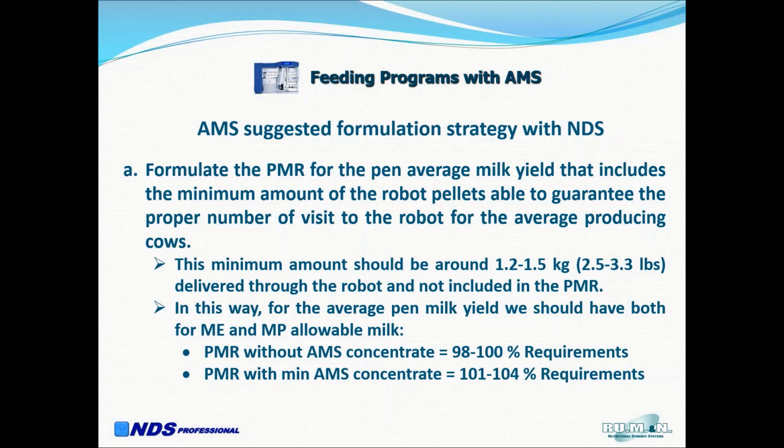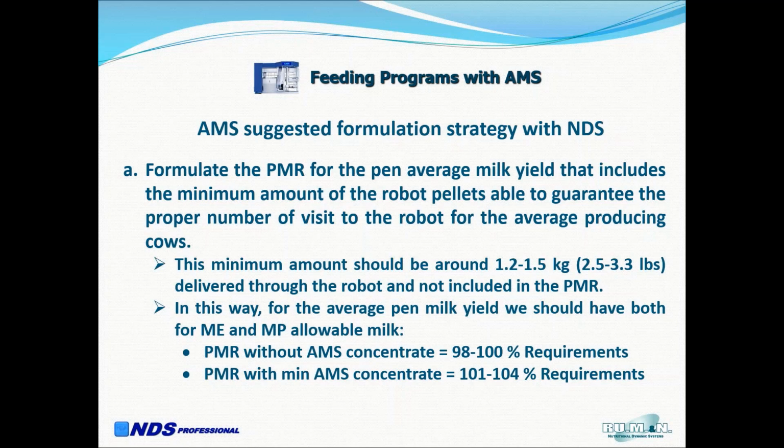In this way, when we formulate for the average of the pen, we should respect these constraints. The PMR without this minimum of 2.5 to 3 pounds should cover around 100% of the requirements.